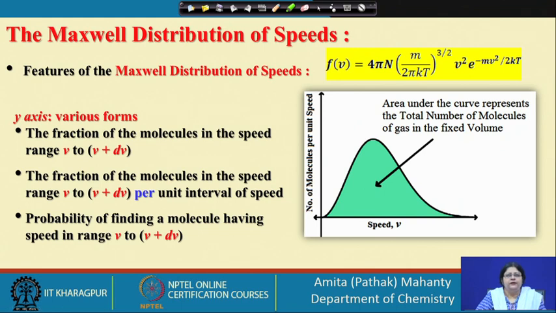Whenever you say per unit, you divide by the dc or dv term, and the x axis is always the speed. This is the function we are going to evaluate to understand the various distributions.